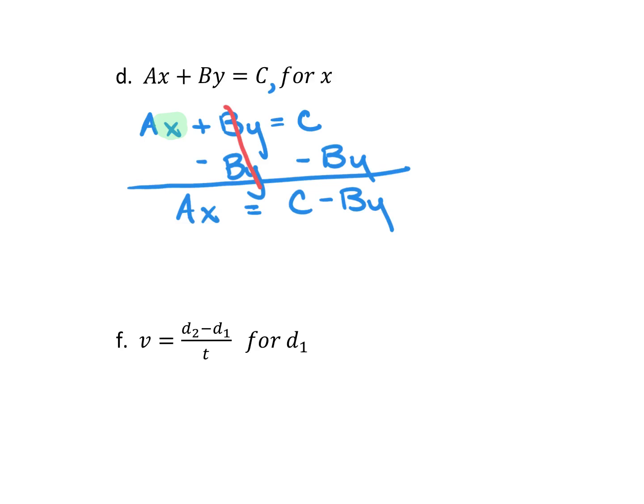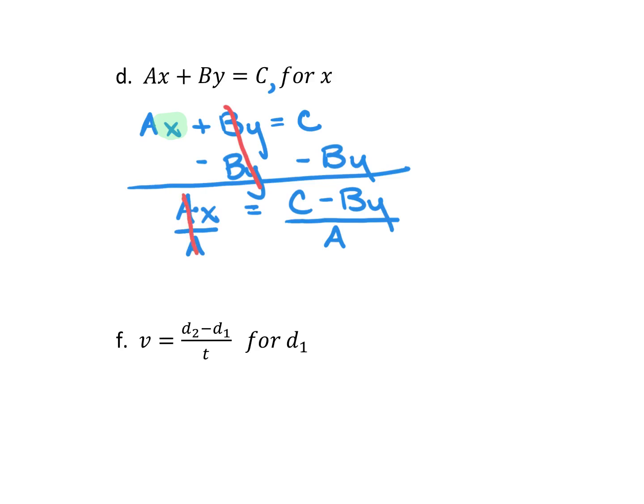Finally, to get x by itself, I want to get rid of the a. And here, because we are multiplying a times x, to get rid of the a, we want to divide. And so I'm going to divide by a on the left, and again, whatever we do to the left, we do to the right.